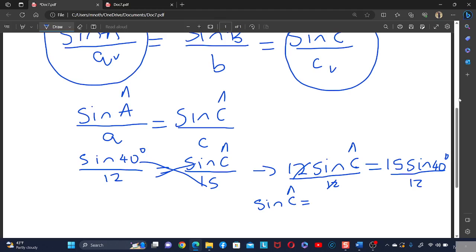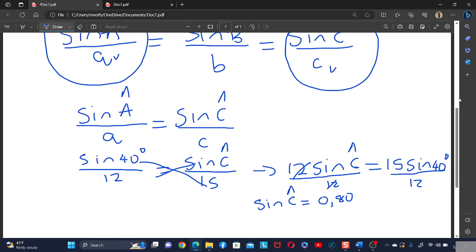Just do that calculation: 15 sine 40 degrees over 12 is 0,80.